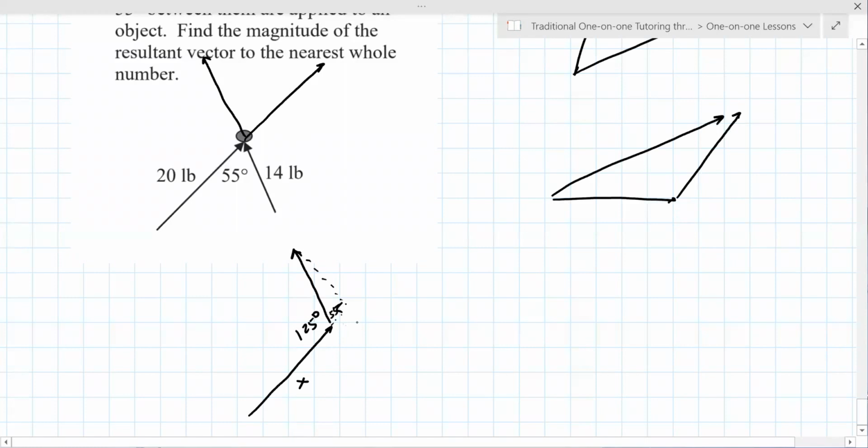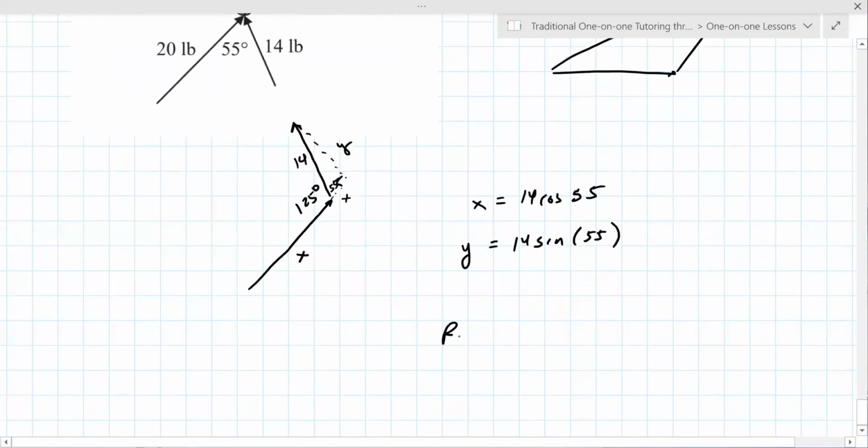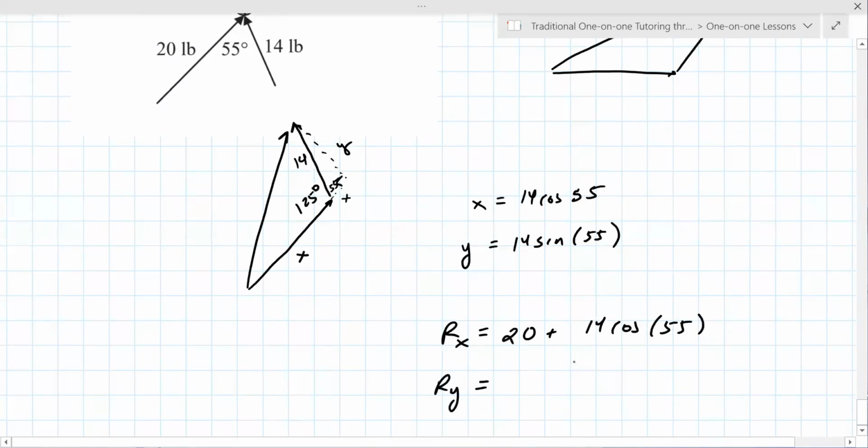So it's got this other x component, x equals 14 cosine 55, and y equals 14 sine 55. Then your resultant vector is this x, which is 20 plus 14 cosine 55, in the x direction. Your resultant in the y direction is just this one.